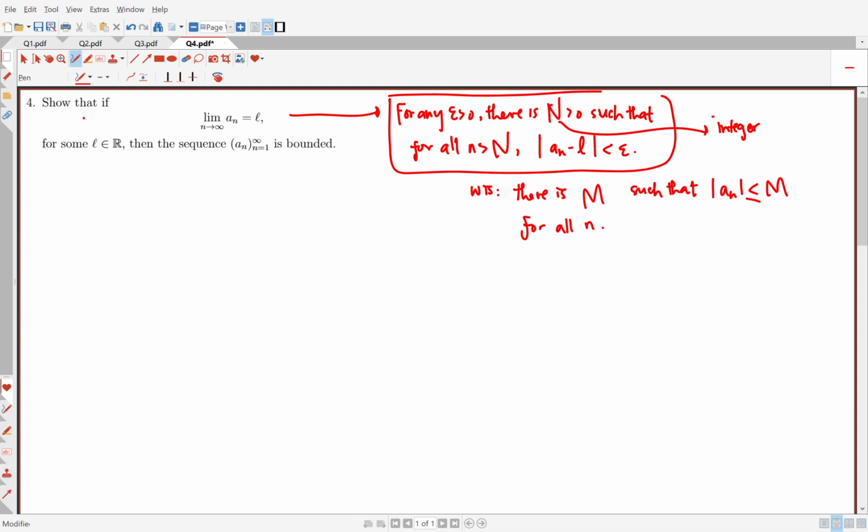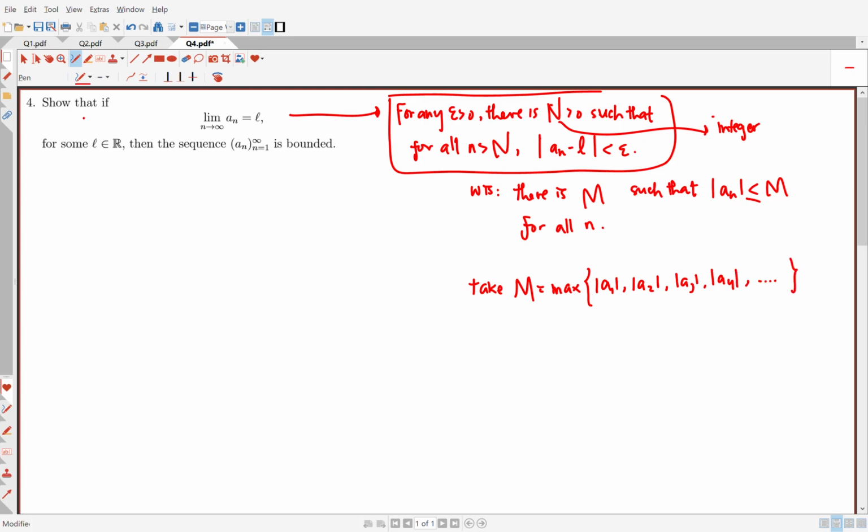Okay, so what can we do? Maybe you can say, why don't we take M to be the maximum of everything: the absolute value of a_1, absolute value of a_2, absolute value of a_3, absolute value of a_4, and so on.